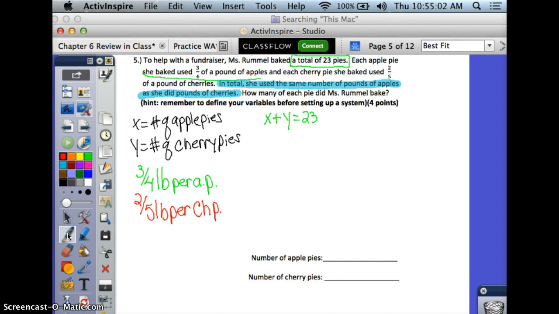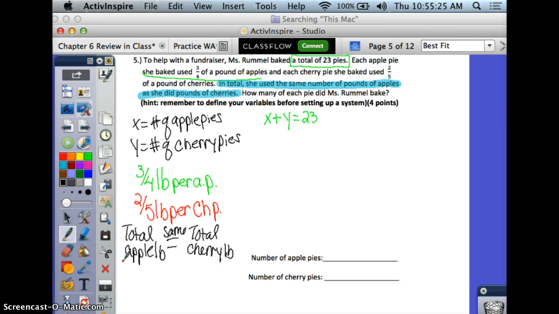So this last clue tells us that the total apple pounds is the same as, or equal to, the total cherry pounds. Well, we need to find out what the total apple pounds are.